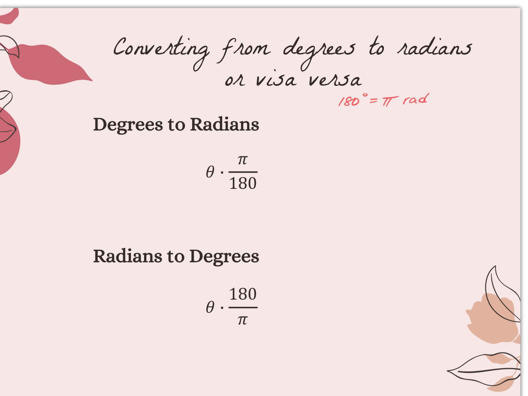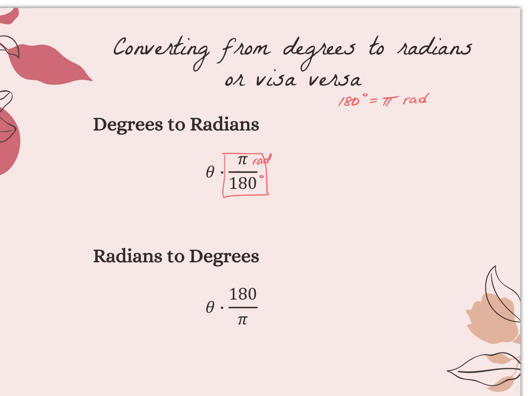And so what you have to do is you know that they are equal in value. So if I multiply something by pi over 180, because I know that pi radians is equal to 180 degrees, this is going to be equivalent. So that's going to be my conversion factor.